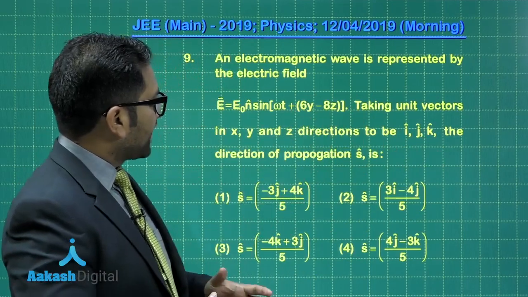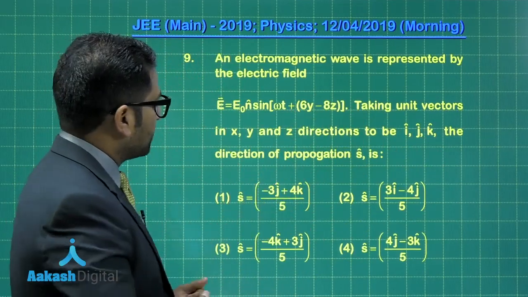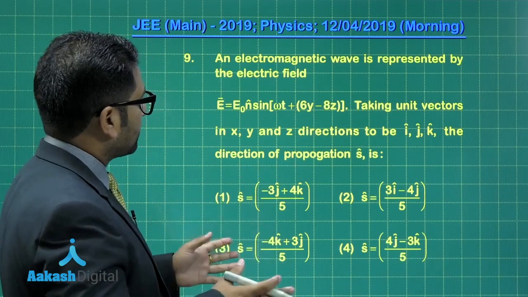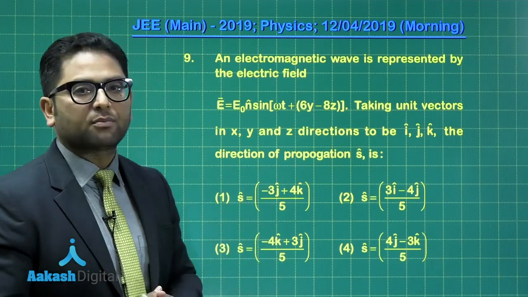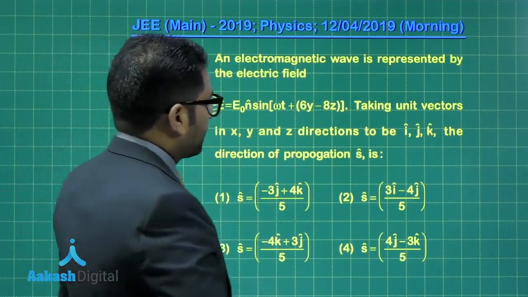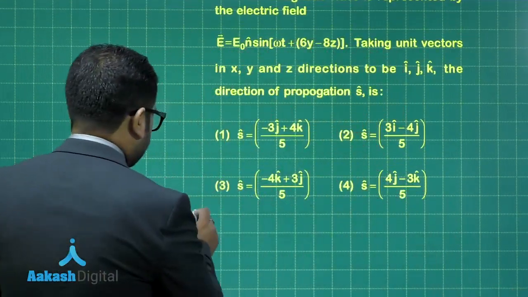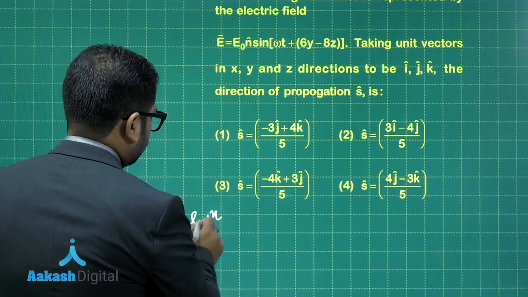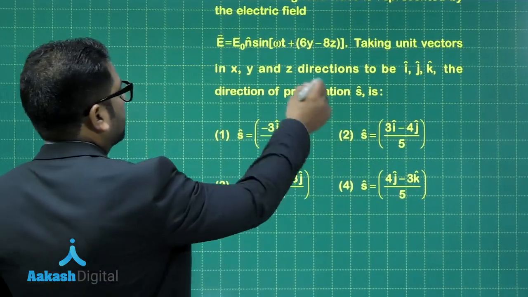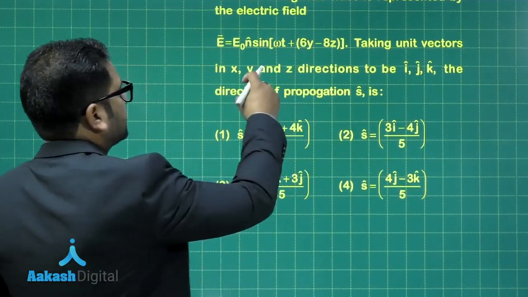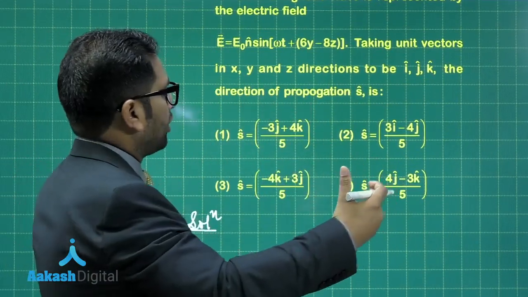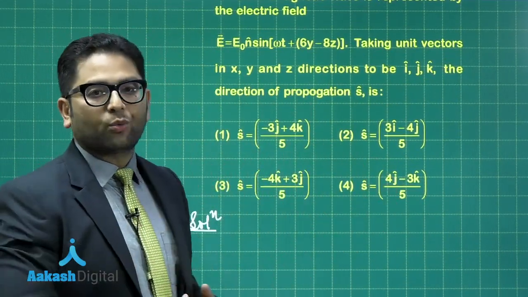Now, taking unit vectors as i, j, k, the regular convention, we need to calculate the direction of the wave propagation. Okay, to go for the direction of the wave propagation, I can write in this way. We can compare it as omega t minus k dot r. That's how we go, right?